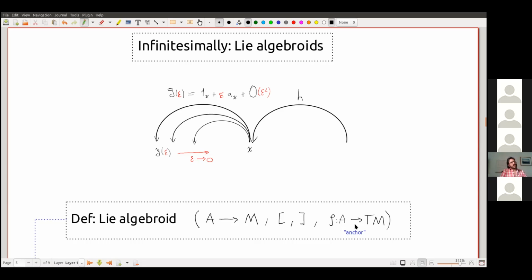And there is also this piece of information called the anchor, which tells you infinitesimally where this y is going to first order. So this will be x plus the anchor of A of x at order epsilon plus higher order terms.